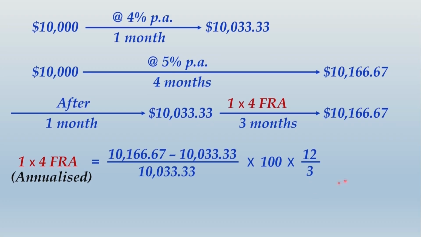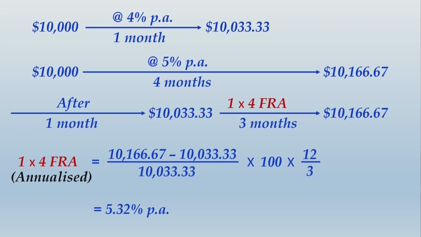And when you apply this whole calculation, the 1 by 4 FRA rate is effectively the rate for 3 months. That is why for annualization the factor is 12 by 3. So the answer is 5.32% per annum. Please make sure that you have got this correct. In case you want to note it down, please write it quickly and then I take you ahead.